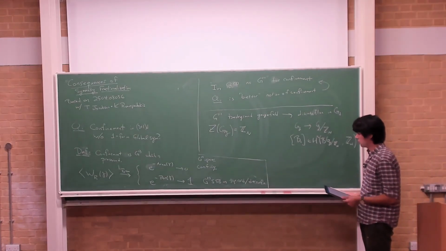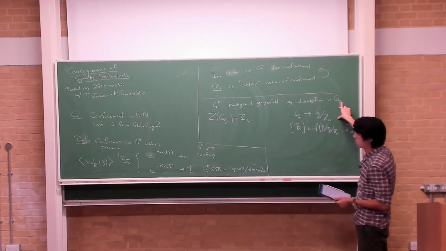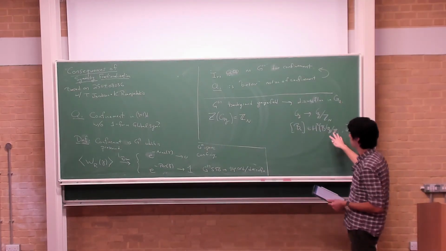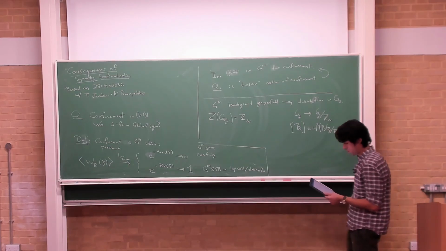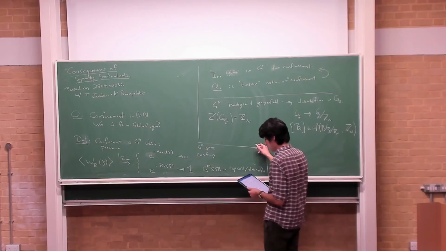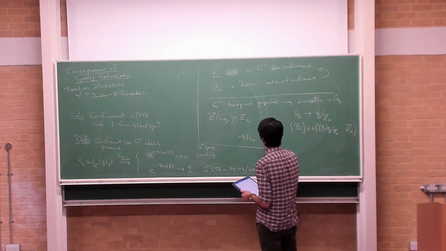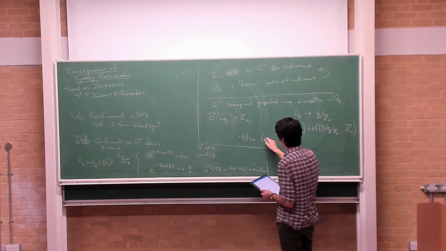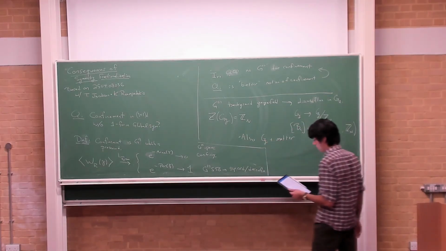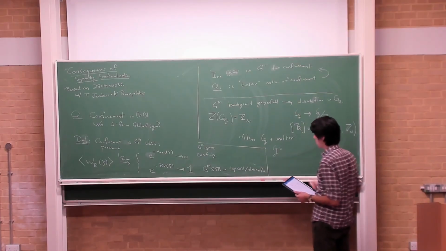So this is nice. But what's cool about this is that we know that this behavior is actually a little bit more generic. This is not a requirement of having a one-form gauge field. In fact, this happens also when you have a gauge field plus some matter, where the matter transforms faithfully under some Lie group.